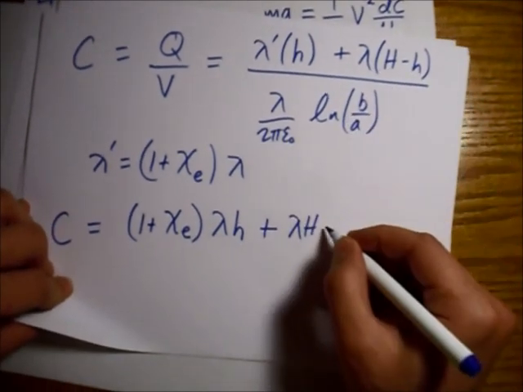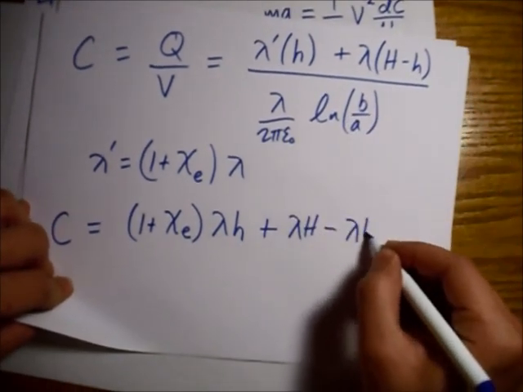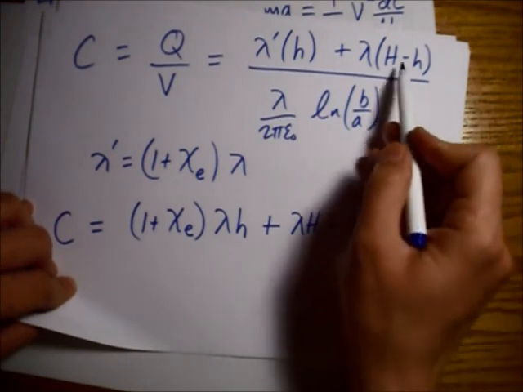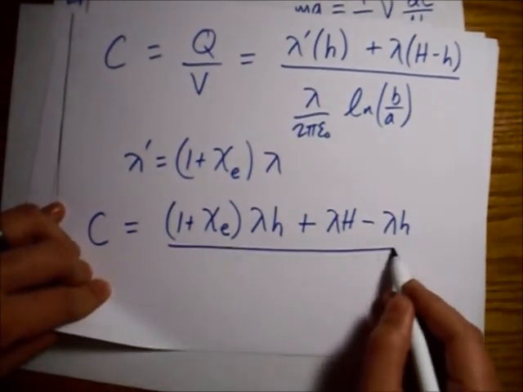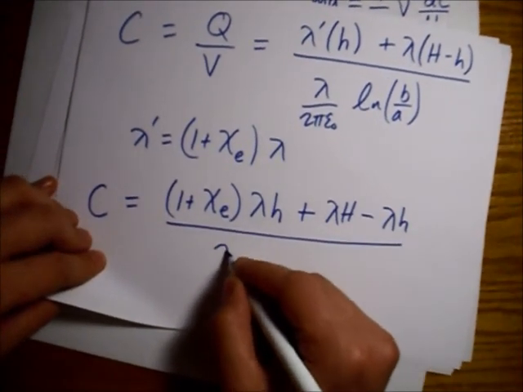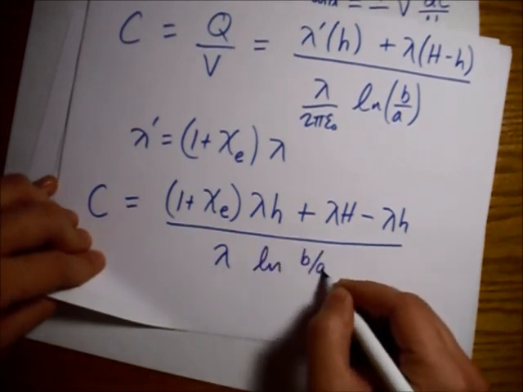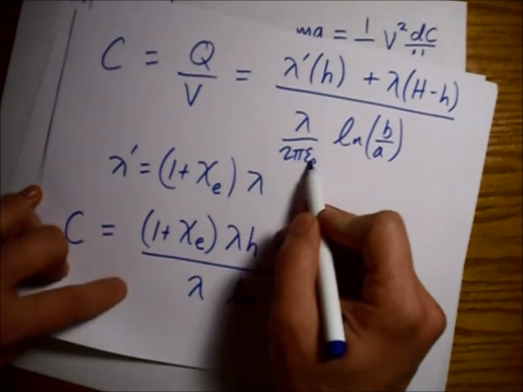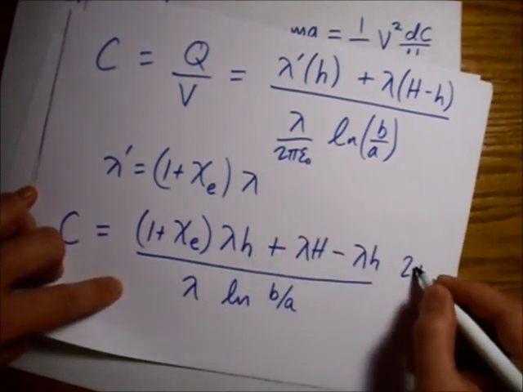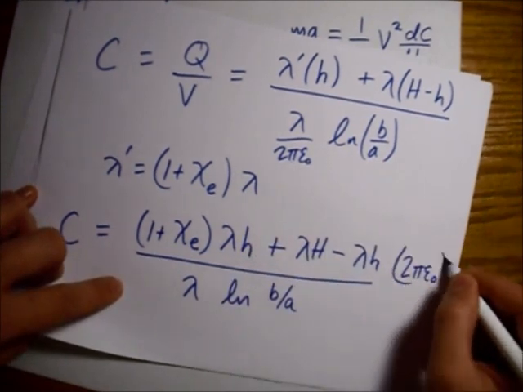And then minus this lambda little h right here, and then of course we are dividing by lambda, natural log of b over a, and let's multiply this 2 pi epsilon naught up top. Clean it up a little bit.